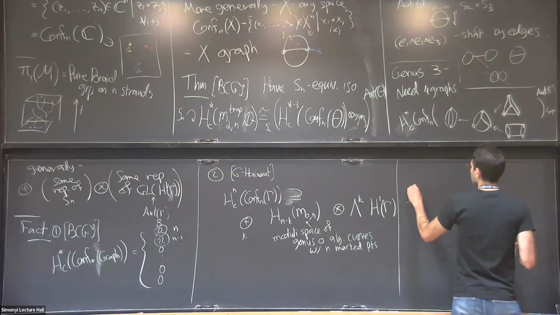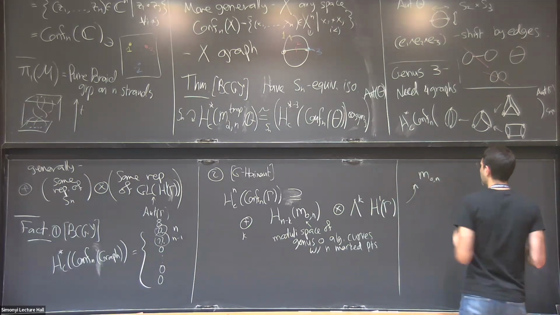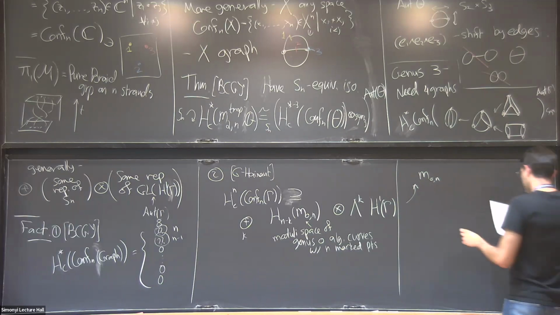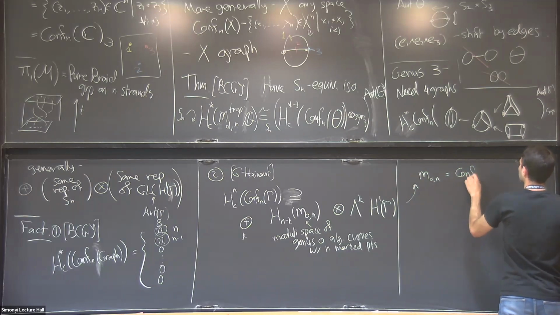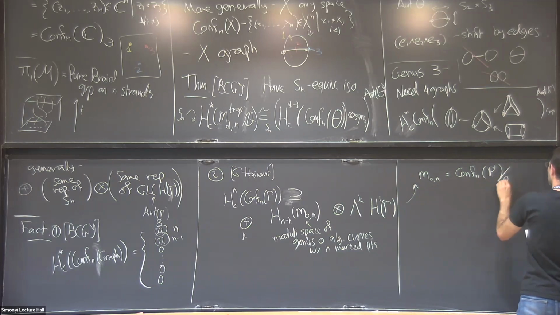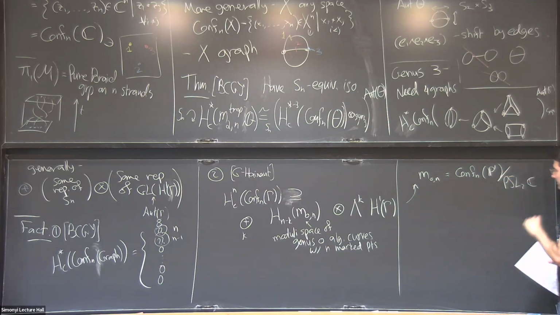That's not all, but I want to say a few words about this. This space M_{0,n} is actually also a hyperplane complement. You can realize it as the configuration space of n points in P1 modulo PSL_2(C), which acts three-transitively on P1. So if you have n points on P1, you can use the group to move the first point to infinity.